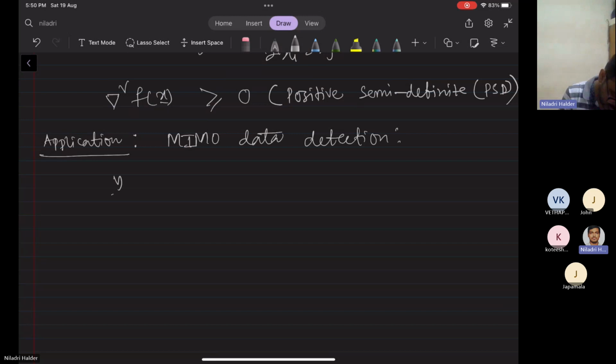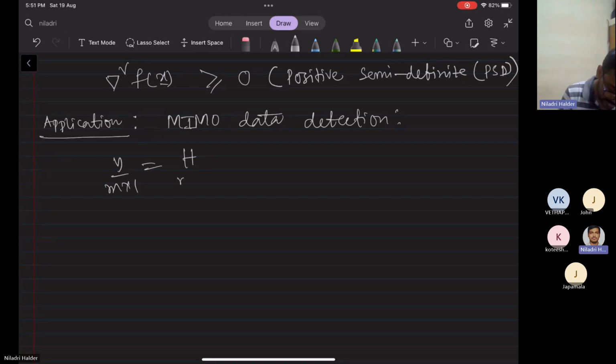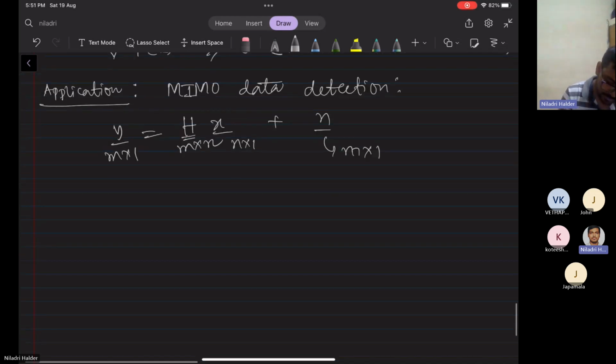So suppose this is a vector, an n cross 1 vector, and H is a matrix. Let's change this dimension. So suppose y is an m cross 1 vector, H is a matrix m cross n, and x is a vector n cross 1, plus n. So this is the receiver noise, the m cross 1 noise.